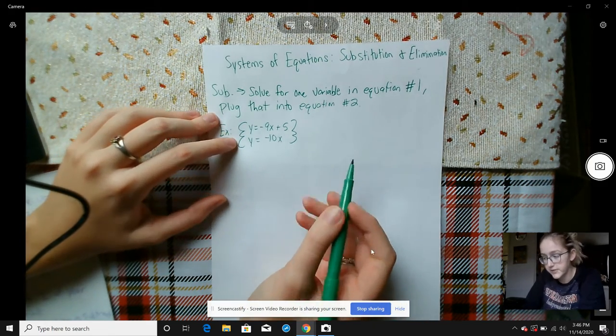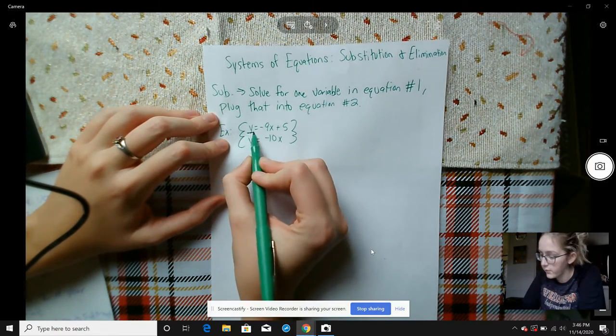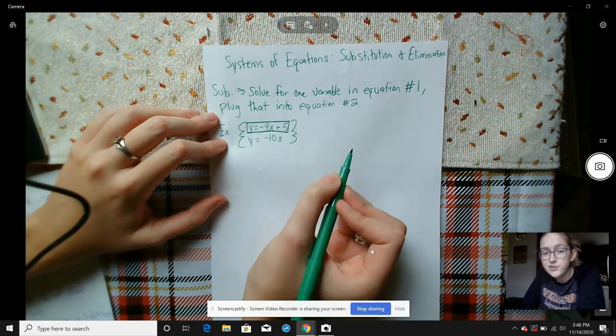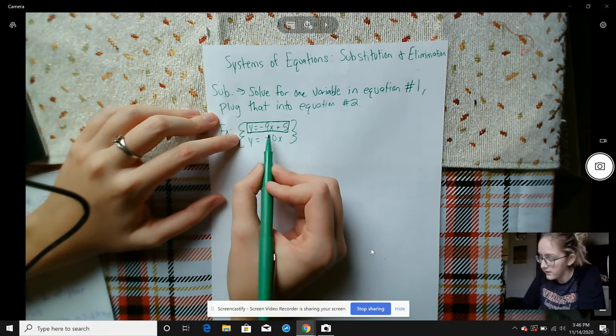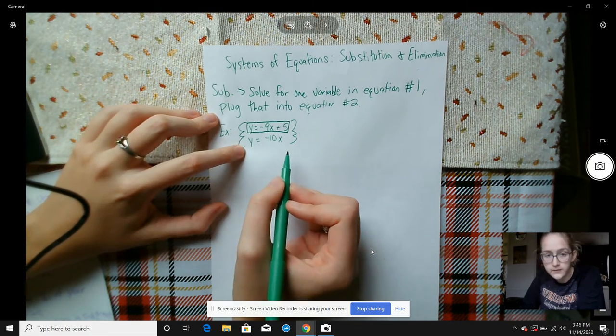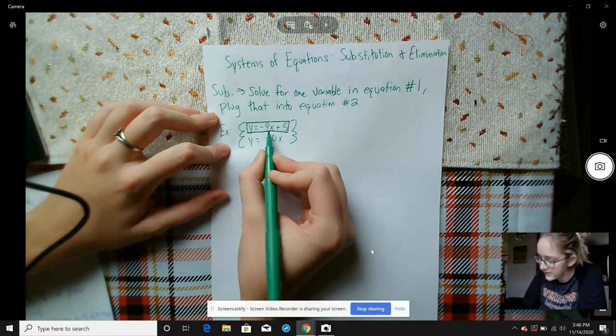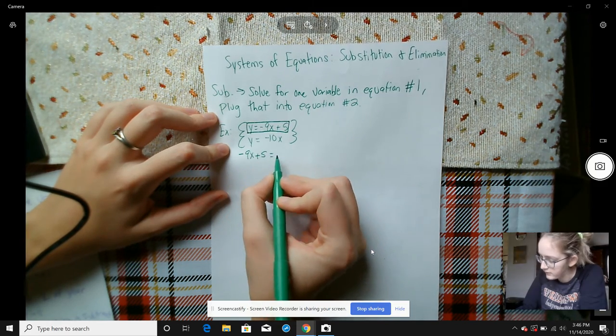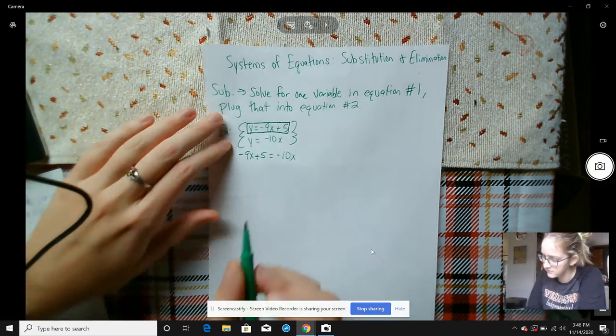But for substitution, it's pretty simple. Equation 1 tells us that y is equal to negative 9x plus 5. So in equation number 2, wherever I see a y, I'm going to plug in the negative 9x plus 5. So I have negative 9x plus 5 equals negative 10x.